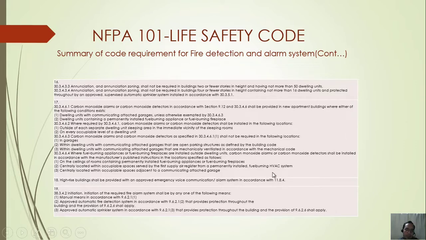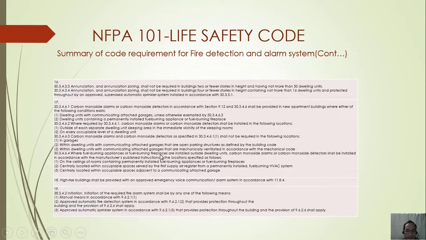Note 2, if you have a smoke detection system which is provided all throughout the building, then you don't need to... I mean, okay. The initiation of required fire alarm, okay. Sorry guys, this is for the initiation, no?